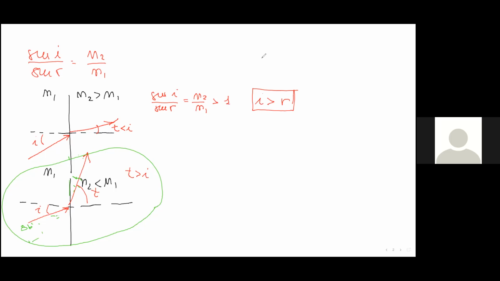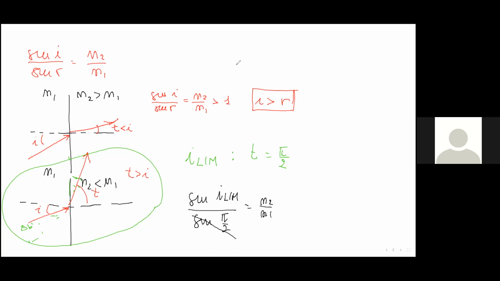So there exists one angle i, let's call it limit, such that the transmitted angle is pi over 2. Then what do you have? You have that the sine of this limit angle divided by the sine of pi over 2 will be equal to n2 divided by n1.